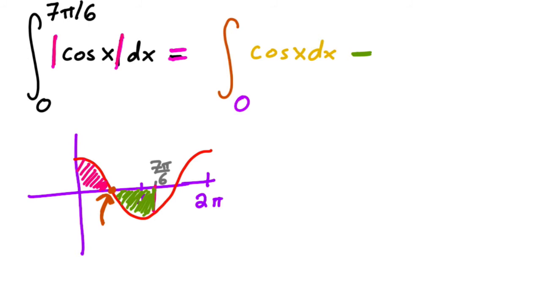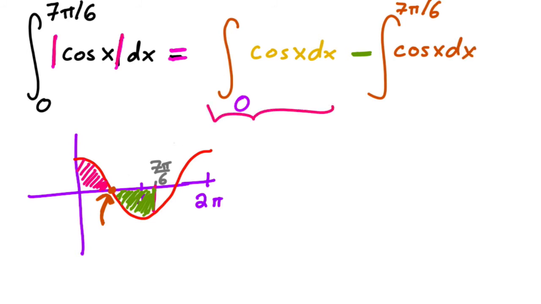So that's going to be the integral from this mystery point all the way to 7 pi over 6 of cosine of x dx. This first one is already positive, so you leave it alone. And this one is negative, so you multiply by the negative to turn it positive, because you're finding the integral of the absolute value.